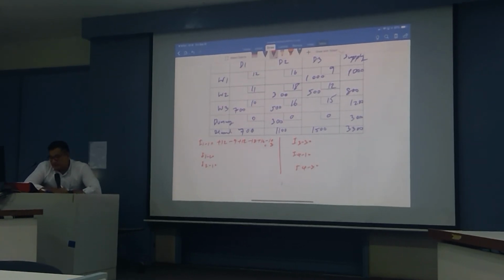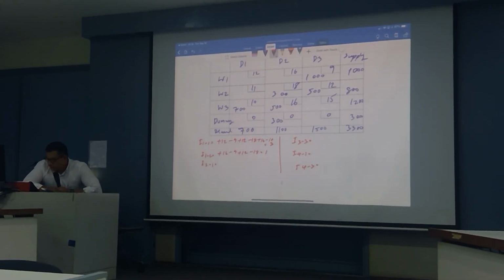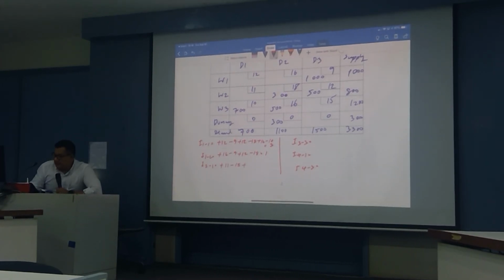Cell 1-2 is just a square: plus 16 minus 9 plus 12 minus 18. You have 1. Cell 2-1 is still a square: plus 11 minus 18 plus 16 minus 10. So we have minus 1.